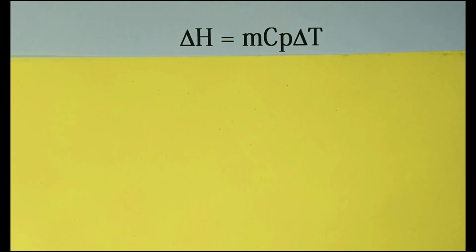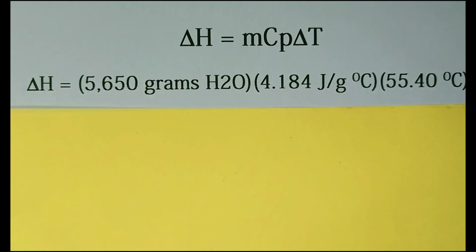The heat of combustion is calculated by multiplying the mass of the water times the specific heat of the water times the change in temperature, or we have heat of combustion is equal to mass times specific heat times change in temperature. Then heat of combustion is equal to 5,650 grams of H2O times 4.184 joules per gram per degree Celsius times 55.4 degrees Celsius.